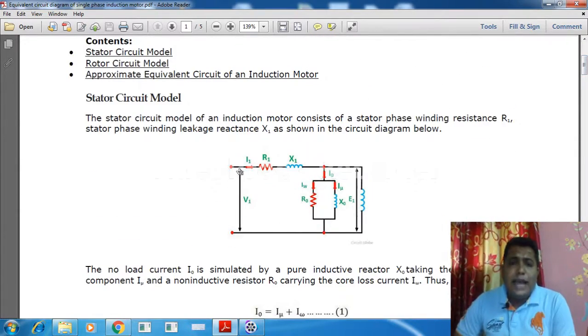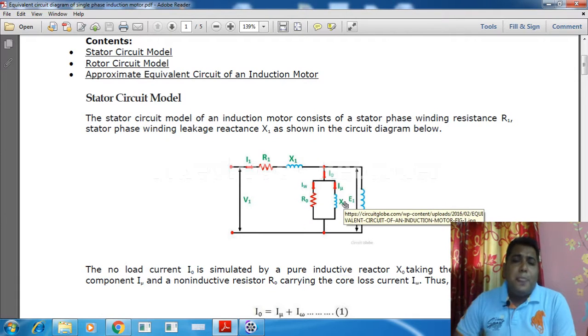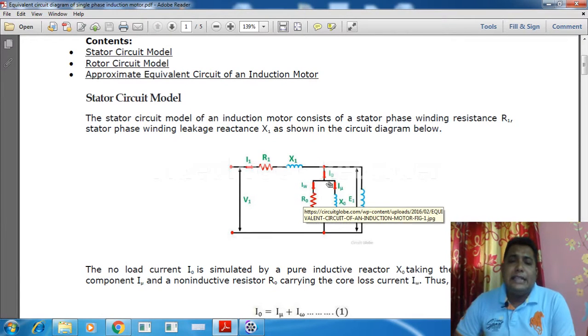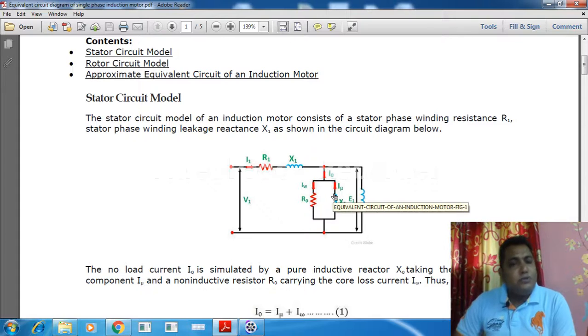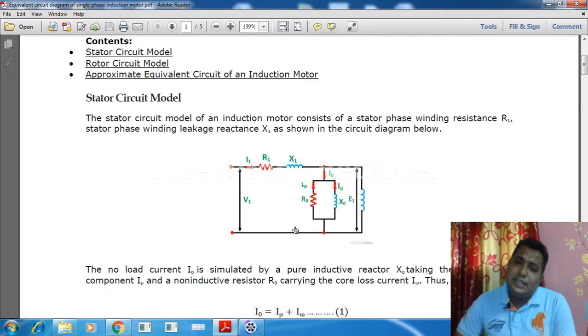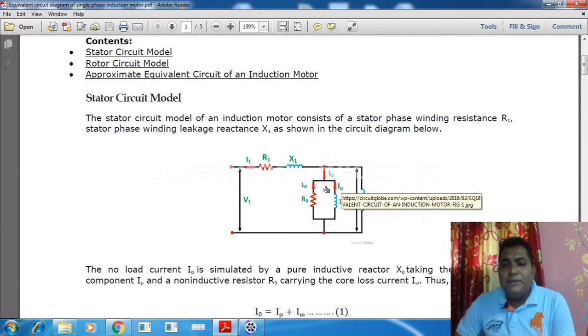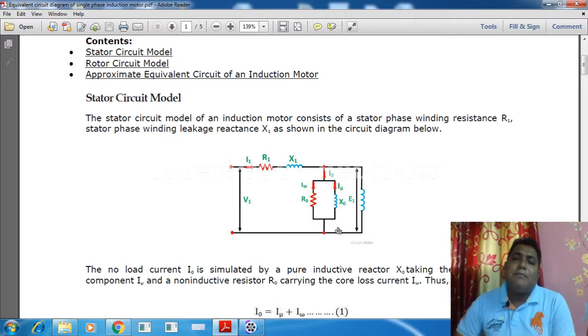We know that these two resistance terminal and this reactance terminal are both parallel to V1. So we can say that across this R0 we have the V1 voltage, and across this X0 we have the V1 voltage. Now if I0 is the summation of IW plus I mu, follow my pointer, then IW is equal to whatever voltage appears across the resistance terminal divided by the resistance, and I mu is equal to whatever voltage appears across the X0 terminal divided by X0.